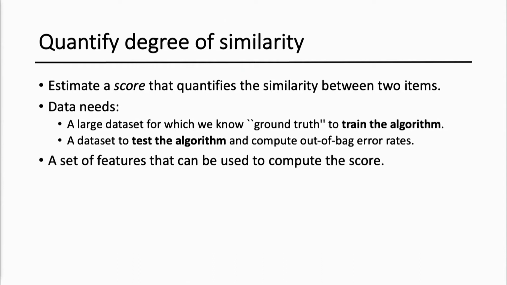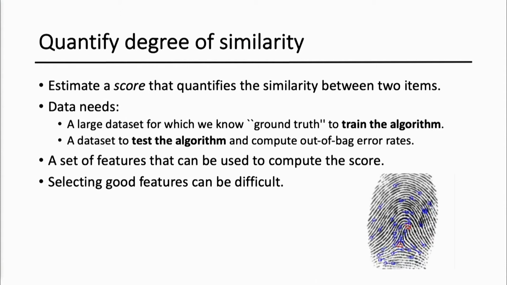If you're going to be using supervised learning algorithms, you also need to know what kind of features you're going to be using to compute the score. And it turns out that in some cases, selecting good features is not that trivial. In some cases, it's not bad, but in some cases, it's not that trivial. Let me use the example of a fingerprint. What would you use as a feature in a fingerprint?